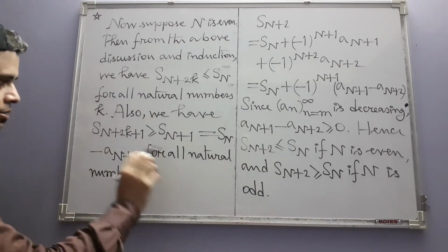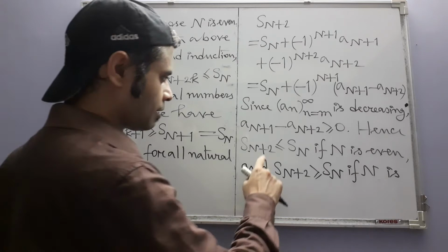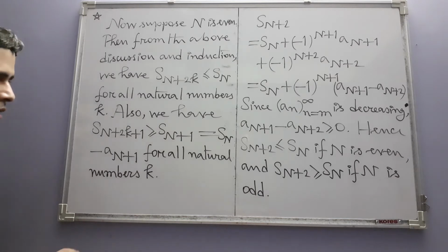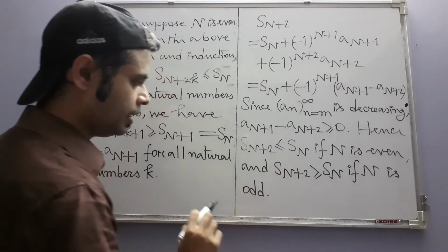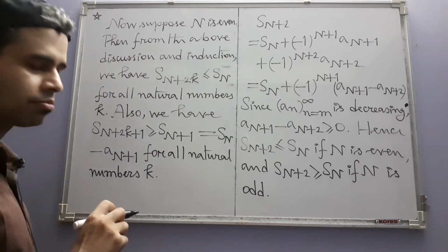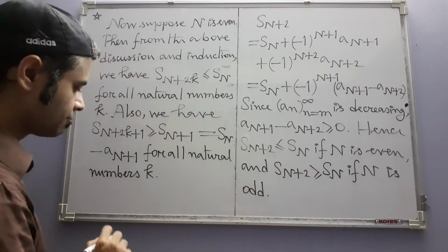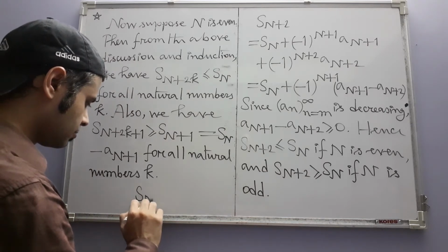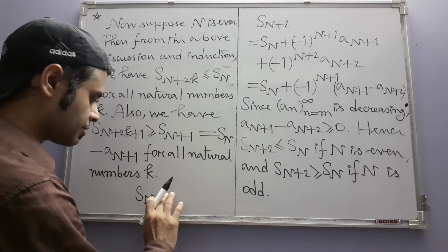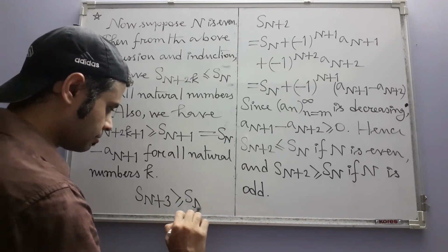Okay, now where are these next set of inequalities coming from? They are coming from this. How? For these inequalities we need n to be odd. Our n is not odd, it is even, but then n plus 1 is odd. So if you think of n plus 1 here in place of n, what do you get? You replace n with n plus 1, you then get n plus 1 plus 2, so that means n plus 3 is greater than or equal to Sn.